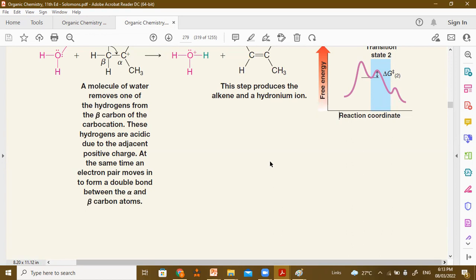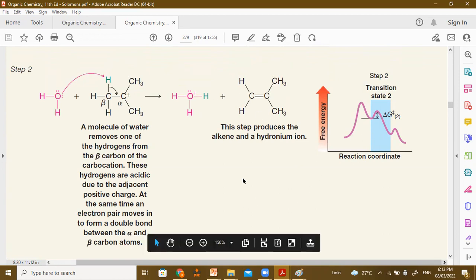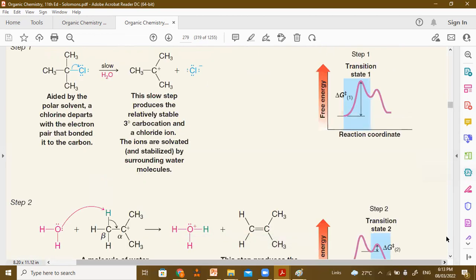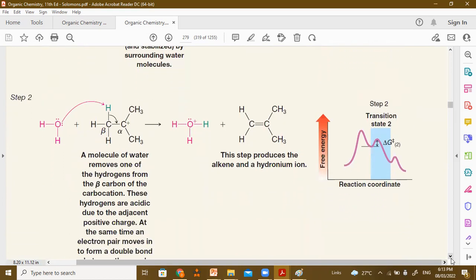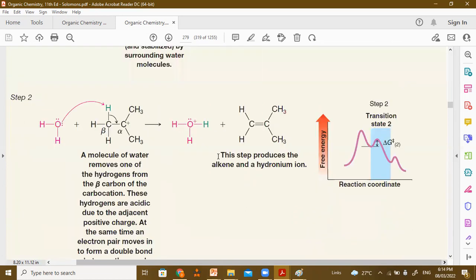Once you have your alkene, you get your hydronium ion and the chloride. It should be 2 processes. You have transition state 2 here, and you get your product.